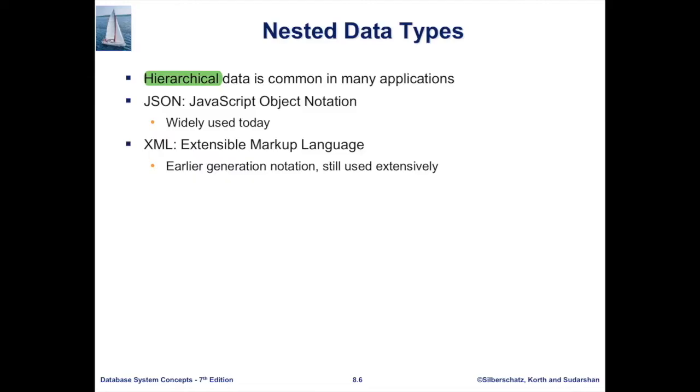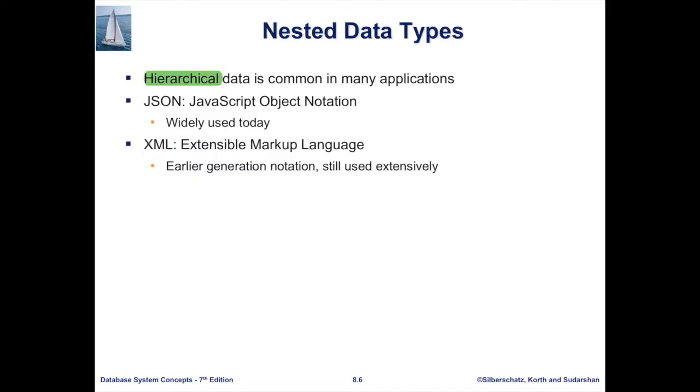Okay? So, may tinatawag na mga data types na nested. So, yung mga nested data types, ang form ng data is hierarchical or tree-like. So, yung JSON and XML are both examples of a hierarchical data type. So, yung JSON is equivalent to JavaScript object notation, and it is widely used today, especially with web applications.